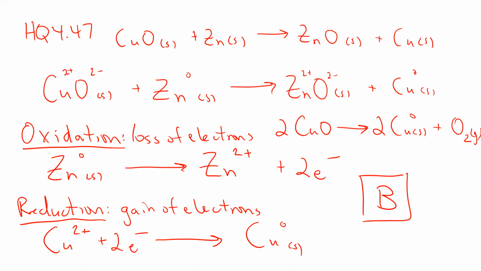There would be a case where we would need to focus on oxygen because here oxygen is -2. Here, as a diatomic molecule, oxygen is now neutral. So then we would look at, okay, what happened to oxygen in this reaction? And now we have a redox reaction that involves oxygen. In this reaction, oxygen stayed the same, so we didn't have to assign any electron transfer to it because the charge stayed the same.